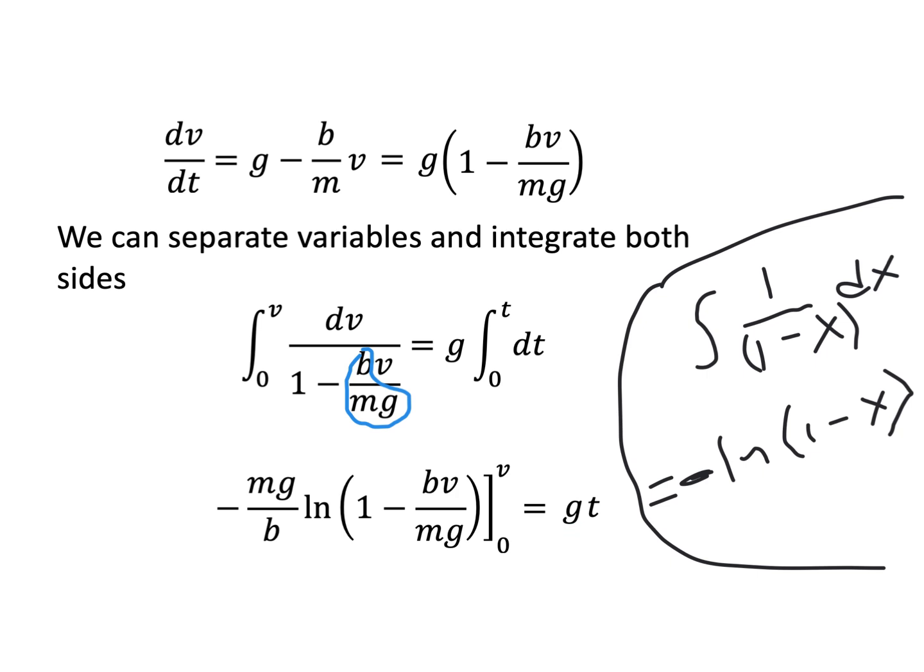Now, I can immediately see one thing that's going to let me simplify this. And this is why I pulled this g out here. Because my natural log is 1 minus this term. What happens when I plug in this 0 here? I get 1 minus 0, which is the natural log of 1. Does anybody know what the natural log of 1 is? If you plug it into your calculator, you'll find that that's equal to 0.